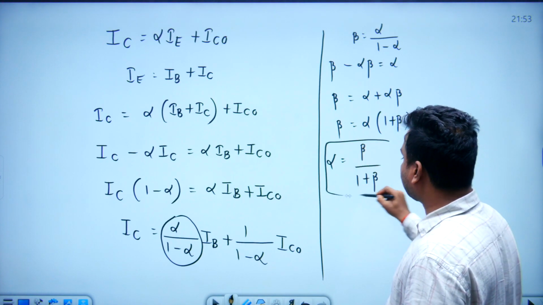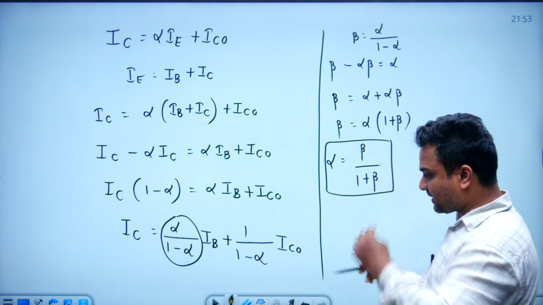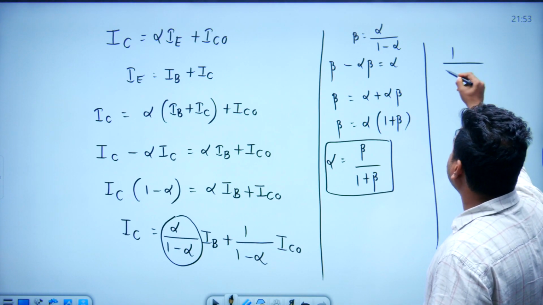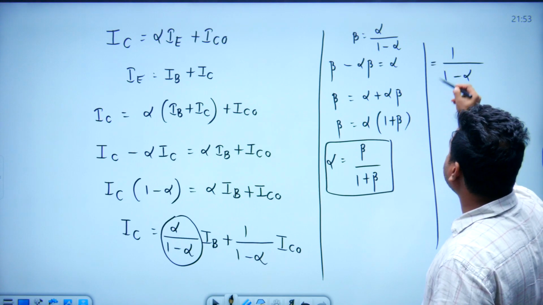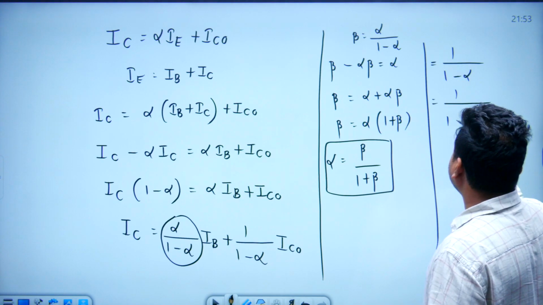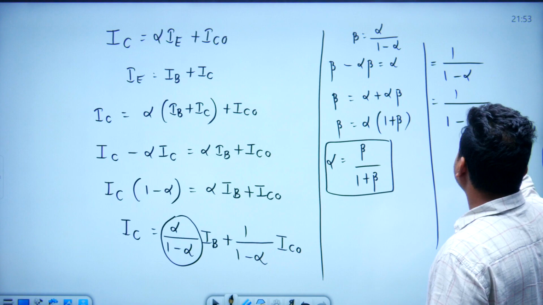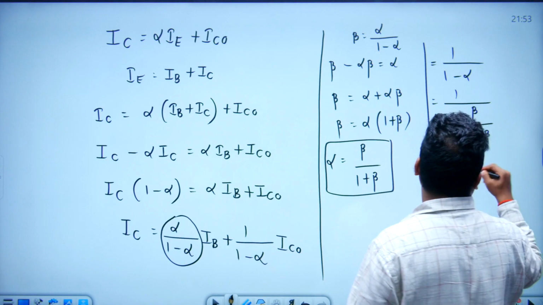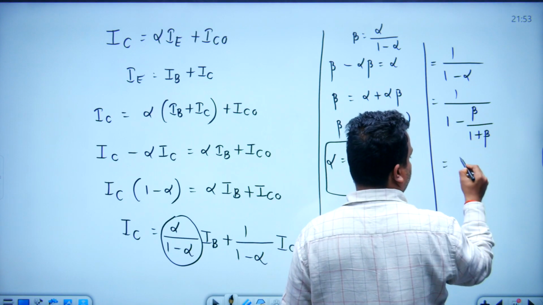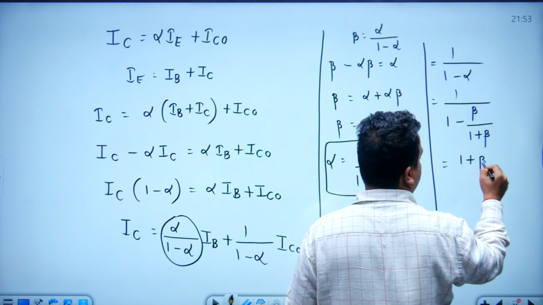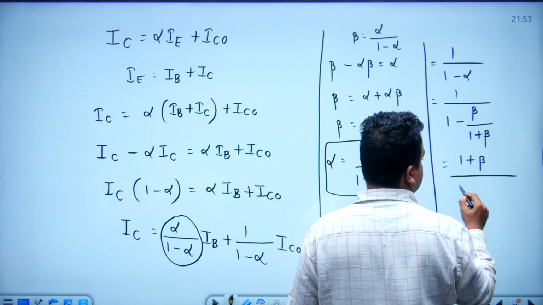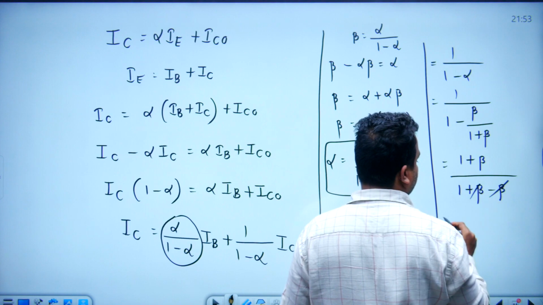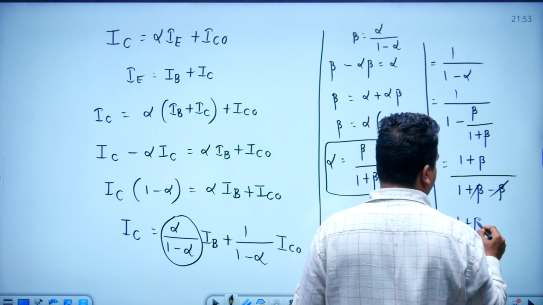Now if you substitute this alpha in this term 1 by 1 minus alpha, that is 1 by 1 minus alpha is 1 by 1 minus beta by 1 plus beta. So guys, denominator to denominator becomes numerator: 1 plus beta by, again you take LCM, 1 plus beta minus beta gets cancelled, you get 1 plus beta only.